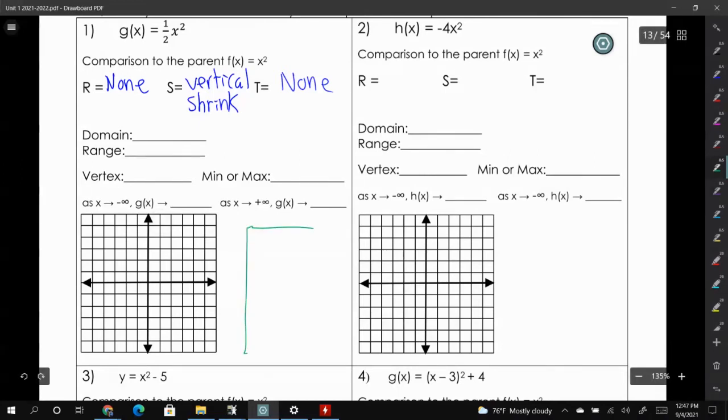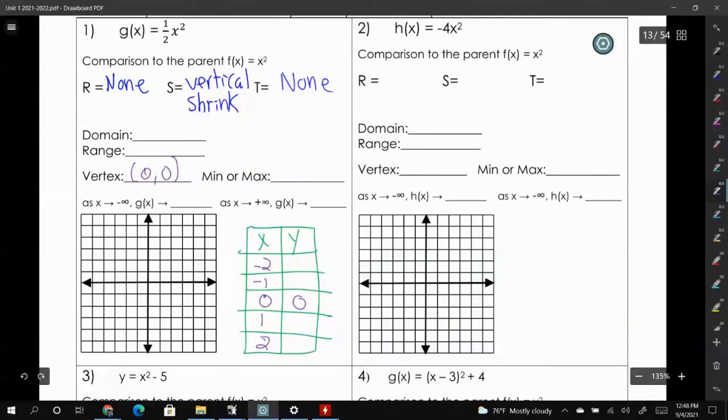So let's make a table here. And our vertex will go in the middle. Since we don't have a translation, our vertex is 0, 0. And our x values are going to go down by 1 and up by 1.